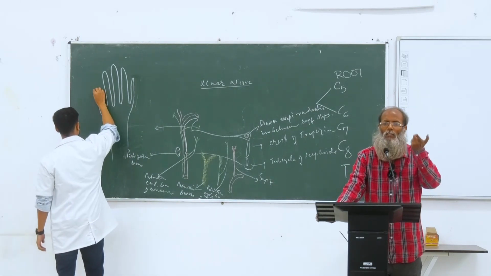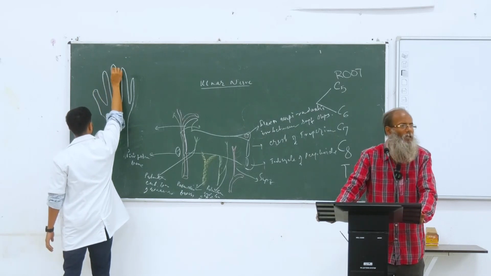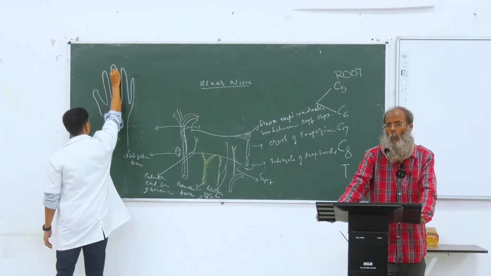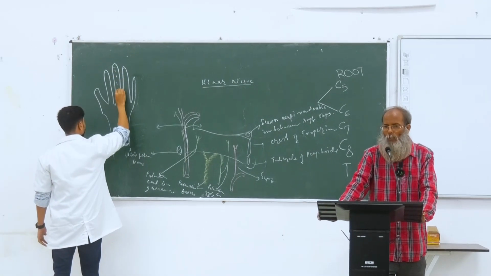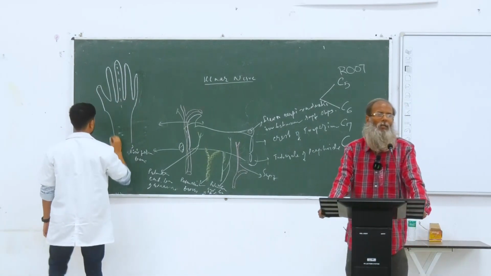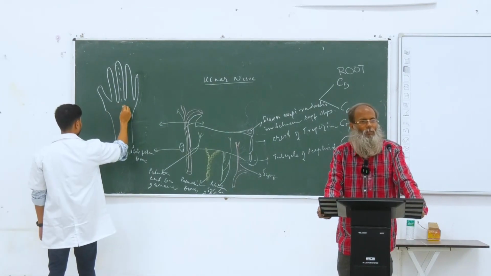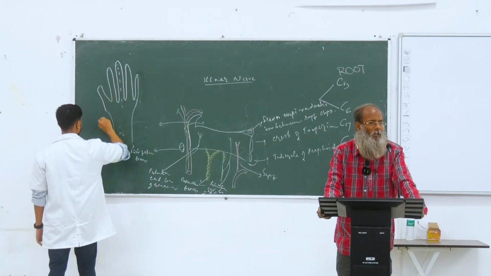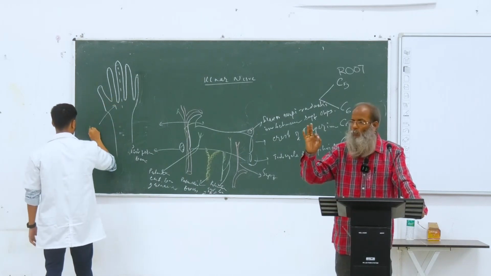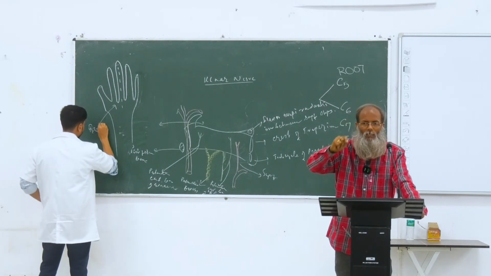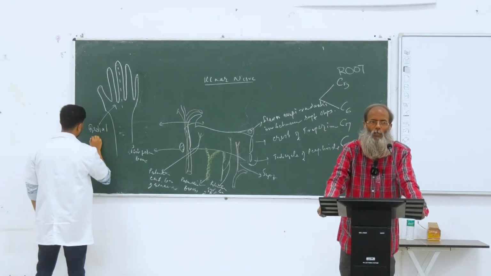What are the manifestations of cubital tunnel syndrome? What manifestations do we see in cubital tunnel syndrome? A person will come to you and say, doctor, I am unable to make an O. I cannot form this O. This is the typical complaint of cubital tunnel syndrome.